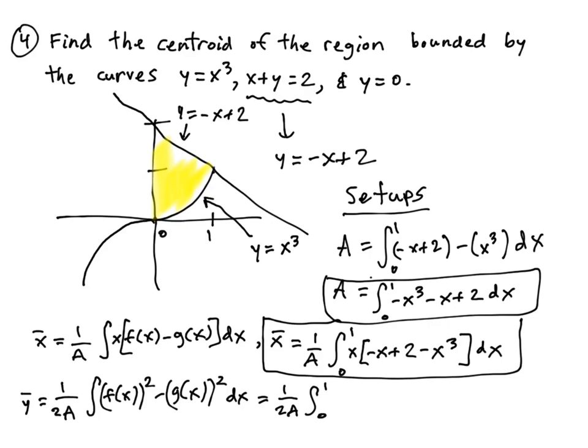The top function squared is negative x plus 2 squared minus, and then we have x cubed squared dx. And you would work through all of that algebra. Okay, guys, and that concludes this section. Thank you for watching.